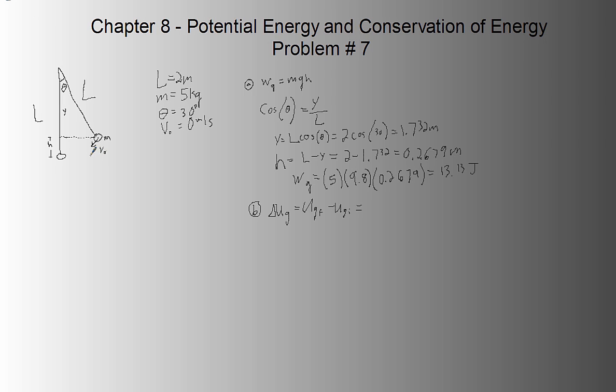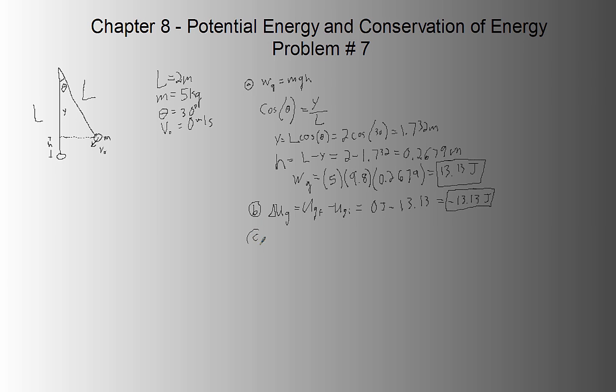We're as low as we can go here in the final position, so we've lost all of our potential energy, so that's 0 joules minus... And then this is essentially the work needed to go from here to here is 13, and so the initial potential here would have needed to have been 13 in order to go down to 0. And so it's negative 13.13 joules for part B.